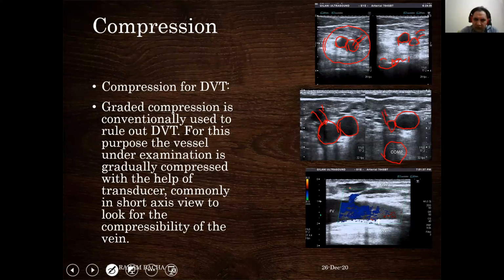And in the third image, this is a color Doppler image, and here you can see the color is over here, but this region is devoid of color and has echogenic contents inside it, that is due to DVT. Okay, so I'll show you another image of DVT.